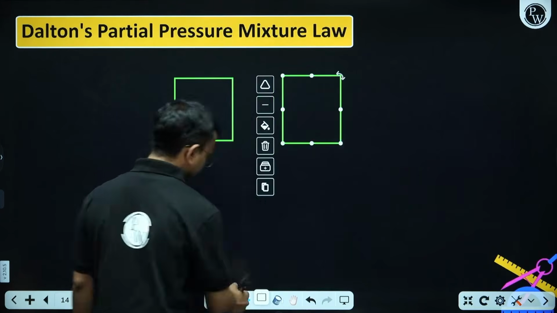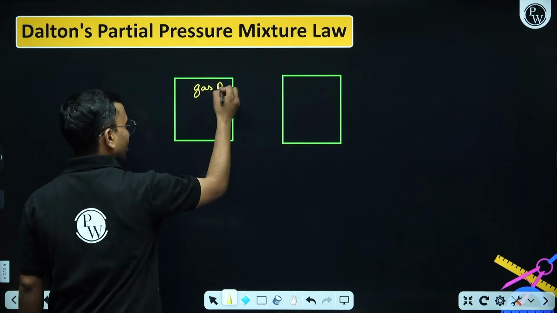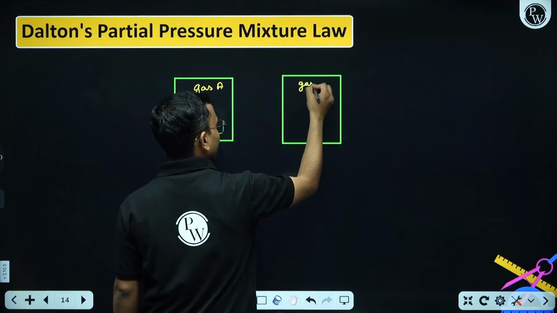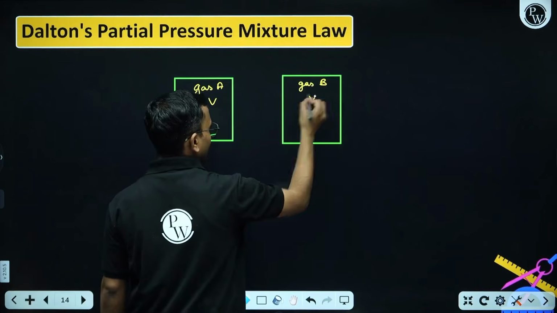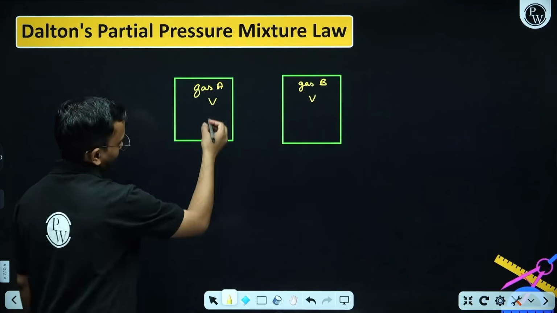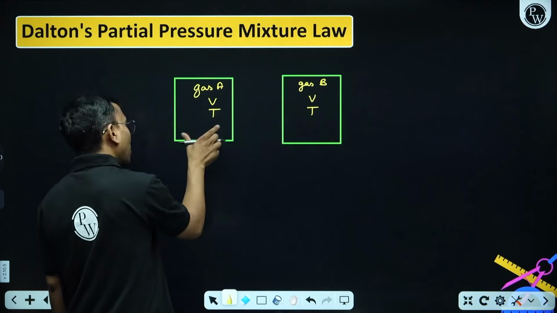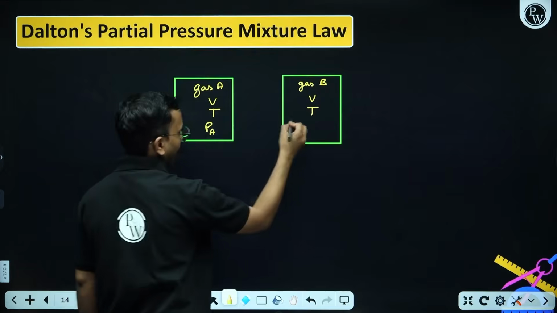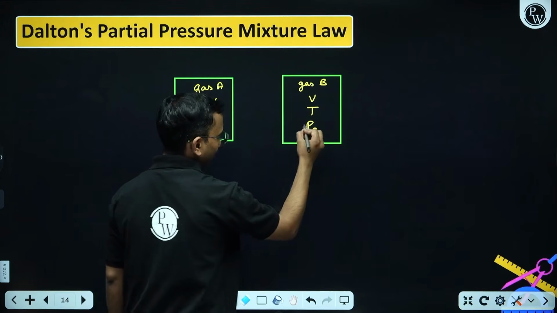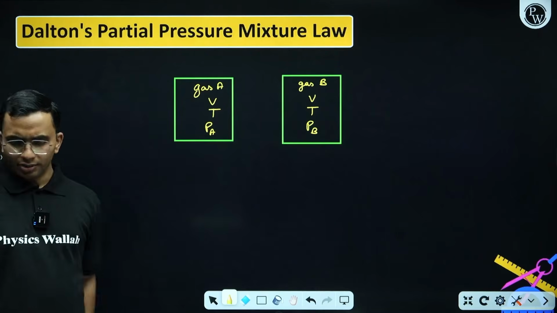This is gas A, this is gas B, here the volume is V, here the volume is V, and the temperature is T in both. Here I have the pressure PA and here I have the pressure PB. The number of molecules is different in both the gases.